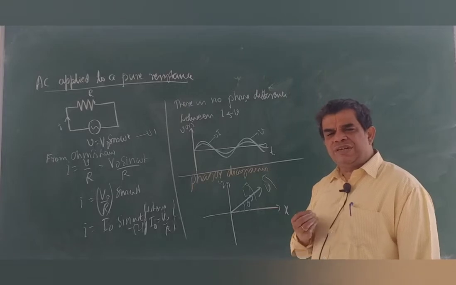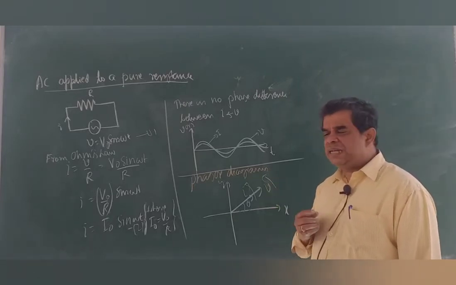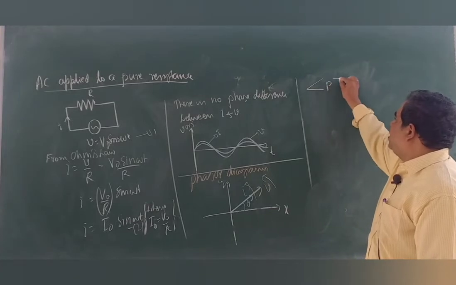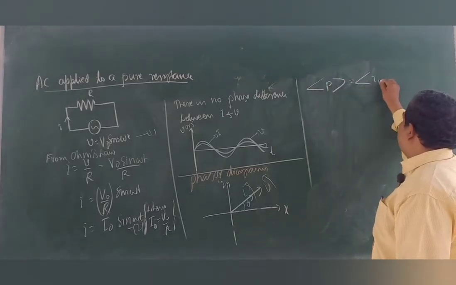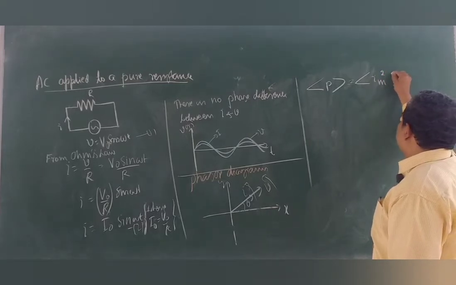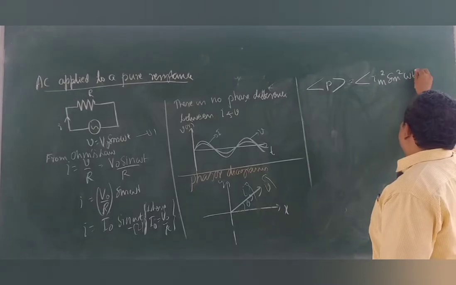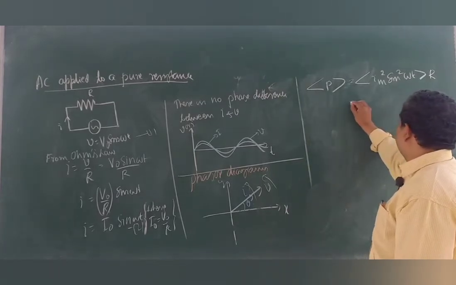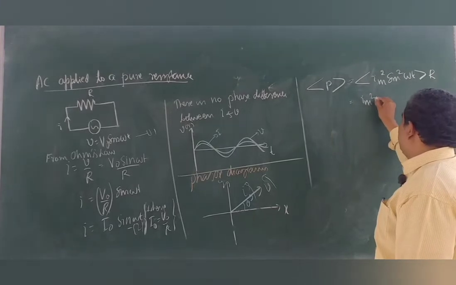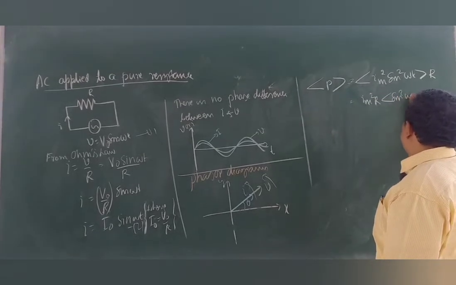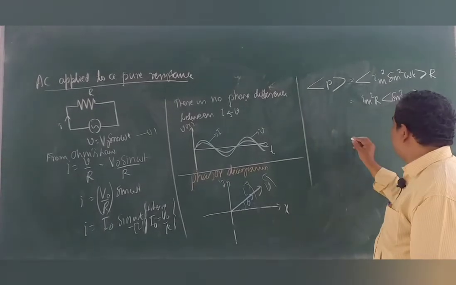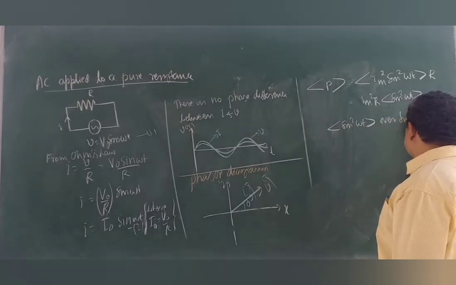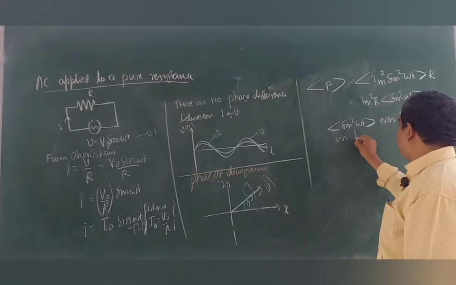But before that, we just think about the power dissipated in the resistance R. In fact, average power is P, which is equal to the average of Im square sin square omega t into R. This is the power expression, and we know this Im square is constant, as is R, and sin square omega t averaged over the full cycle, as we have seen, is half only.